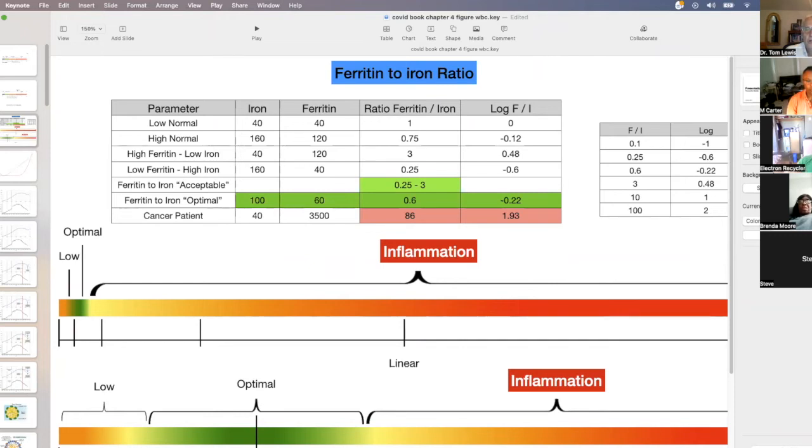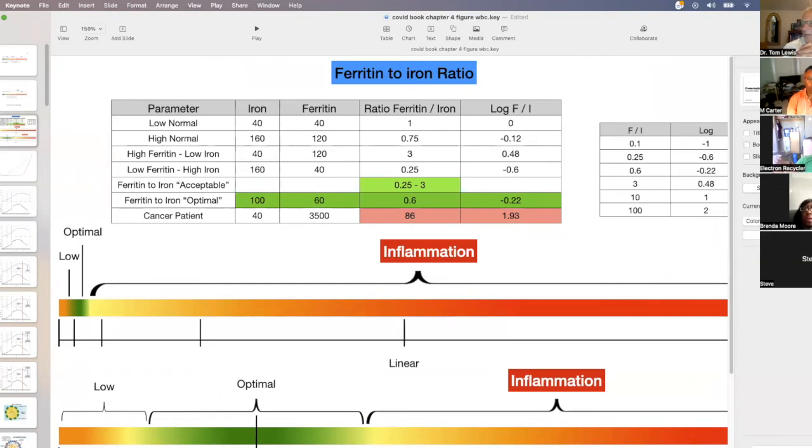I actually just got on here late and missed the program. I had labs done just the other day. Iron is 60 and ferritin is 120. 120 is the upper end of normal for the ferritin, and the iron at 60 is a skosh low. You'd be considered normal. Okay, but I think an iron of 60 is just a skosh low, really.